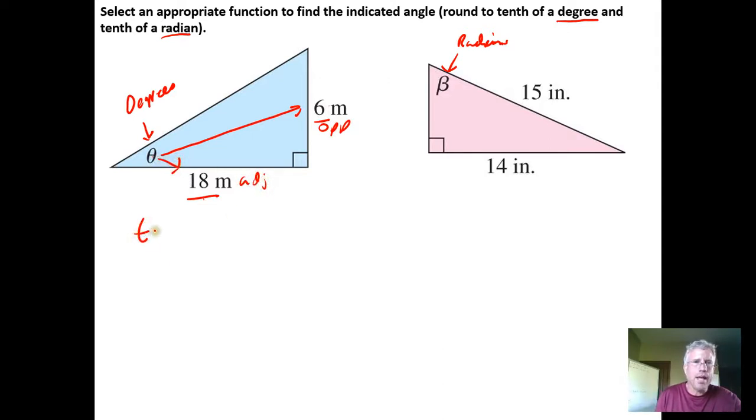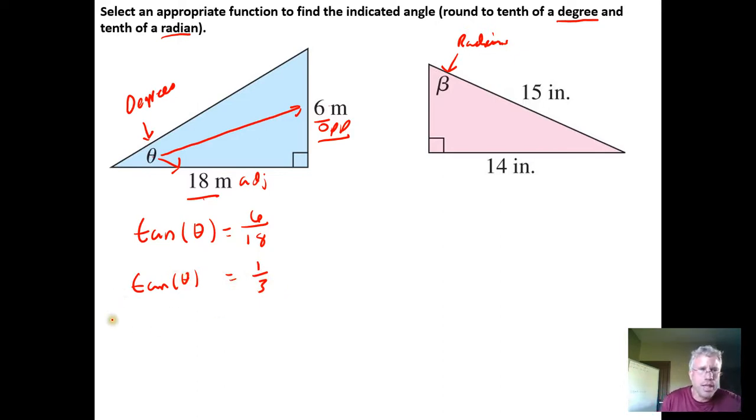That leads naturally into using the tangent function, because the tangent of an angle by definition is opposite, which is 6, over adjacent, which is 18. The tangent of theta simplifies to 6 over 18, which is the same as 1/3. And now to get theta by itself, we take the inverse tangent of both sides.